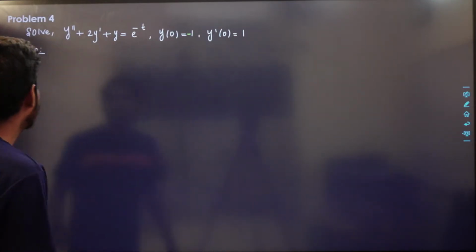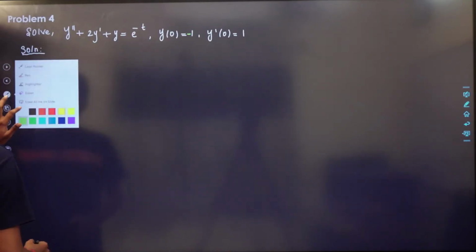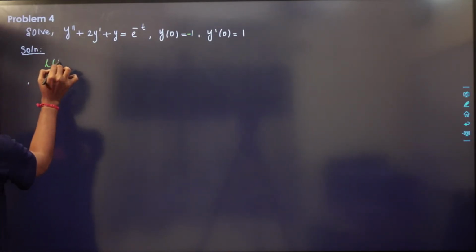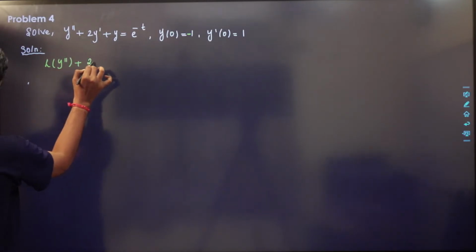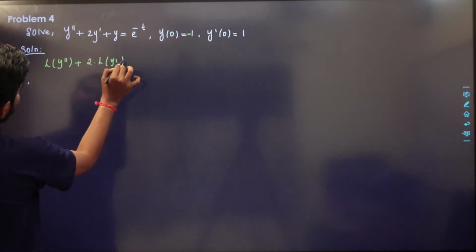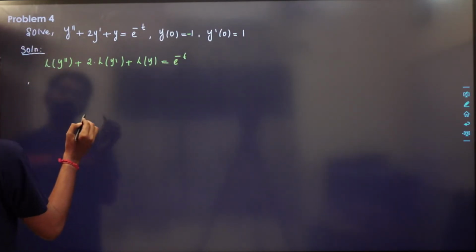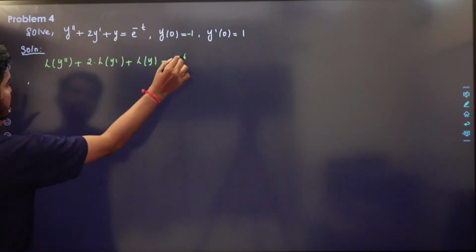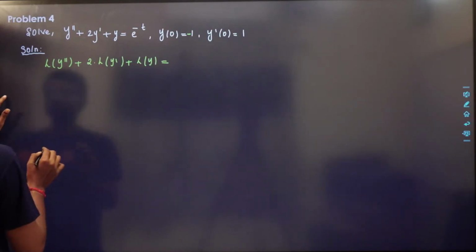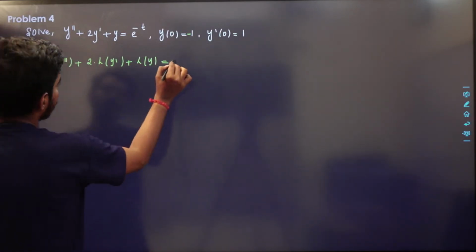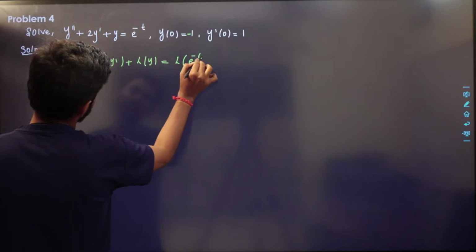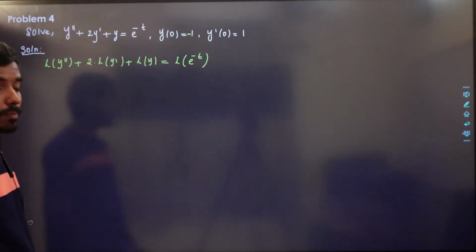Okay. So after Laplace transform on both sides, we will have L of y double dash plus 2 times L of y dash plus L of y is equal to L of e power minus t.